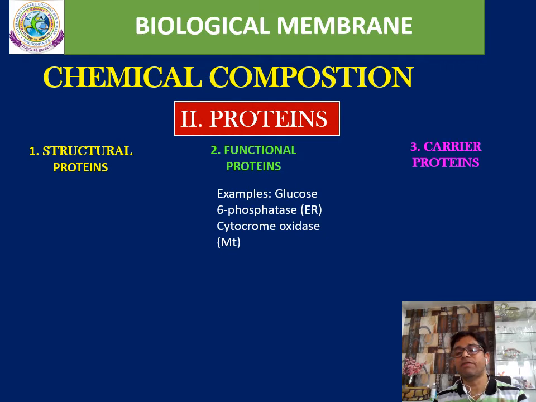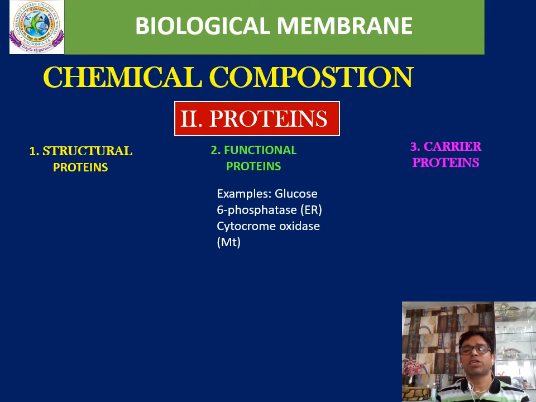So these are the different types of proteins present in the plasma membrane: structural proteins, functional proteins, and carrier proteins. Structural proteins are involved in the structure of the plasma membrane. Functional proteins catalyze different types of chemical or physiological reactions, particularly associated with the plasma membrane. And carrier proteins play an important role in the transportation of mineral ions and other materials.